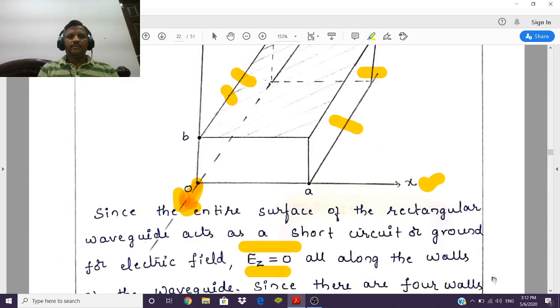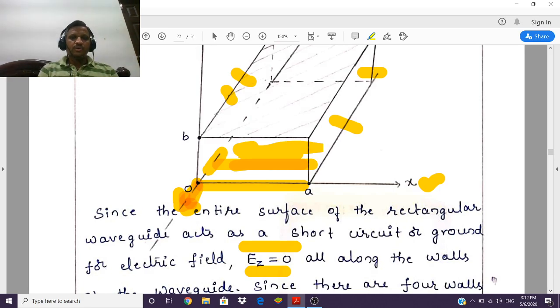This is the bottom wall. At the bottom wall it is very clear that x is varying from 0 to a. Here x is 0 at one end and varies till the other end, up to a.